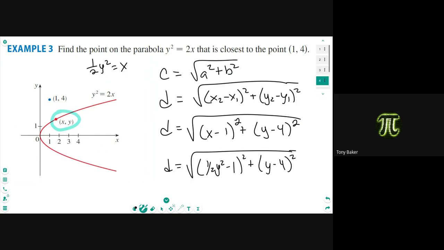All right. Find my derivative. Or do you guys want an easier way to do this? How would you go about finding the derivative of this?